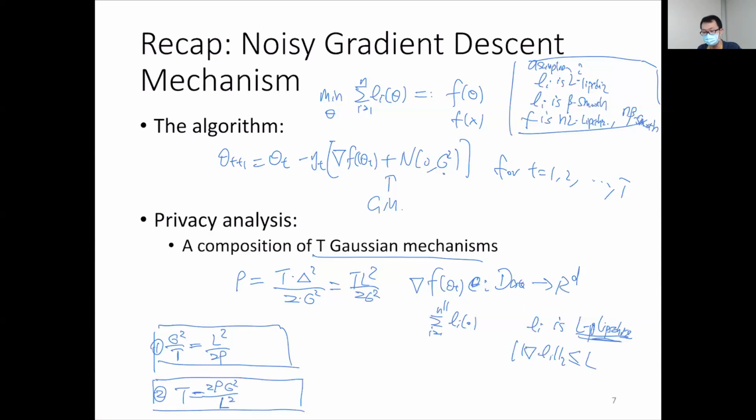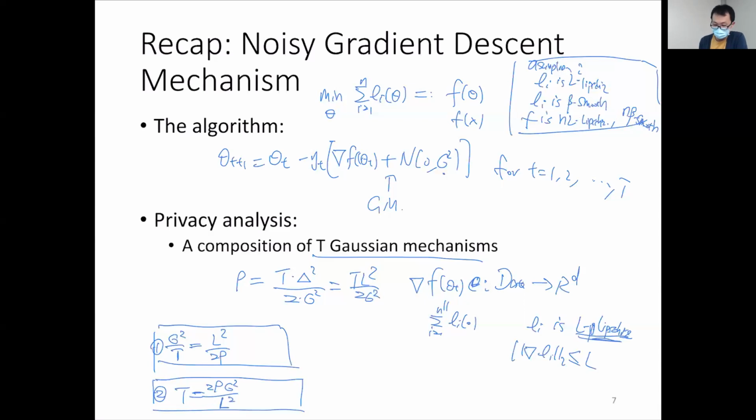We might not need all of that in all our analysis, but these are just to give you an idea of what these notations are about. L denotes Lipschitz and beta denotes smoothness of this individual loss function. And the summation of the loss functions, the objective function that we're optimizing, also satisfies Lipschitzness and smoothness properties.